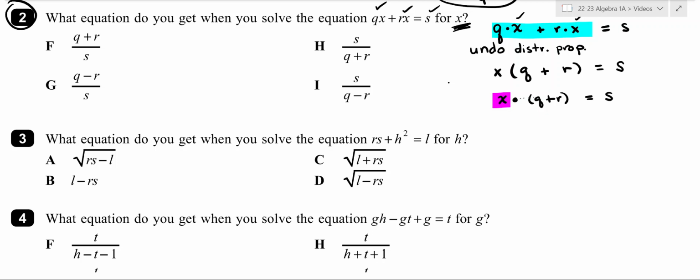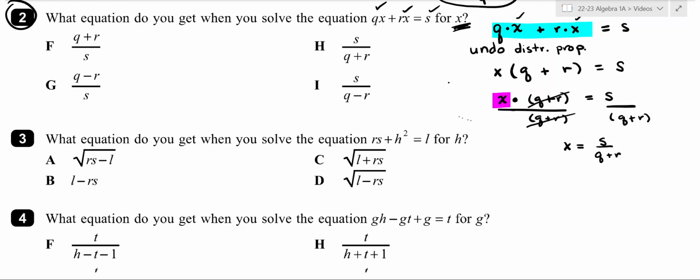So since on the left we're multiplying by this quantity q plus r, then we need to do division by q plus r. And whatever we do on the left, we also have to do on the right. All right, this cancels here. We're left with x equals s over q plus r.